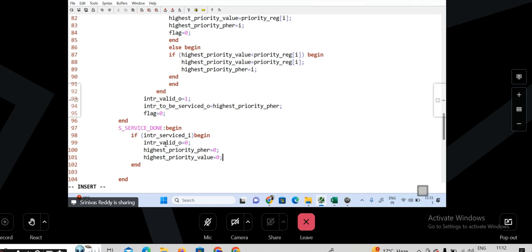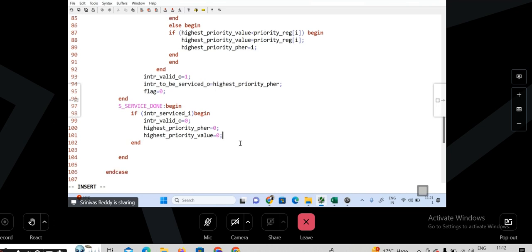Second state, this is what we are writing. If validity is equal to 1, interrupt to be serviced is equal to highest priority peripheral. After this, what I need to do? Next state I should write.